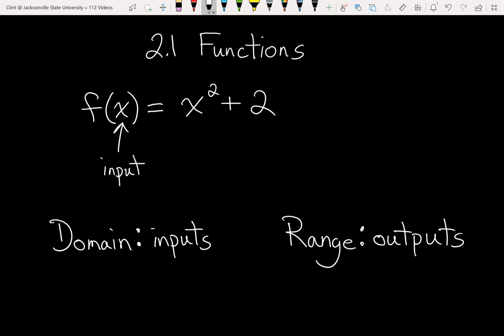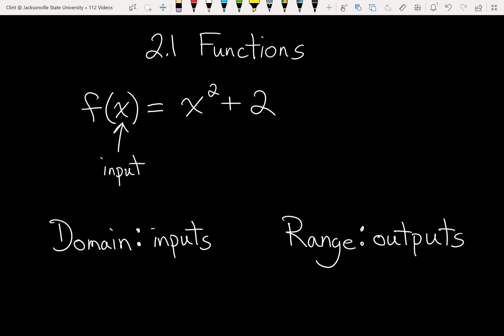We're going to get some other number, and sometimes we get specific types of numbers out. On this one, since we have x squared plus 2, if we put a negative number in for x, it's going to square it and make it positive. So there's no way we could get a negative number out of this thing. So negative numbers would not be in our range. Range is a little more complicated than domain. You have to think about it a little bit harder.